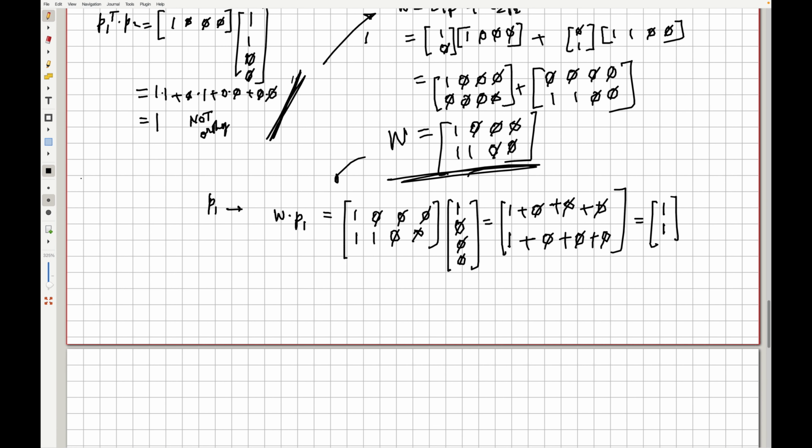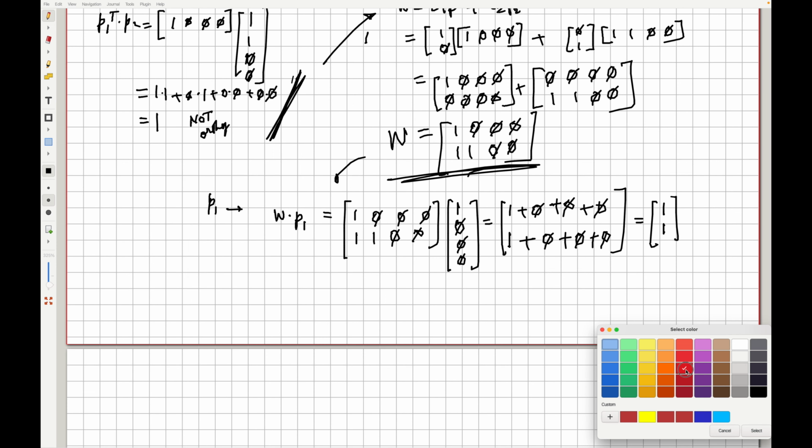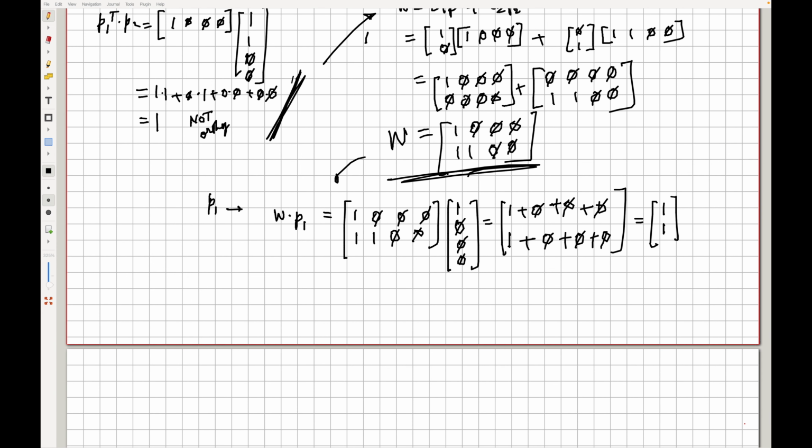So it is not the same. That's the whole point. So this is not equal to 1 0, right? So that was the original T1 that we knew, and we were hoping to get that target output when we used P1 as input.